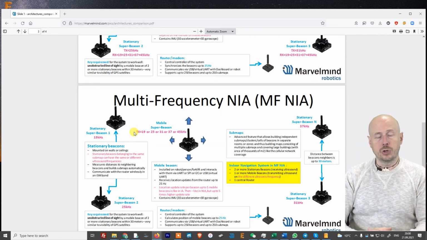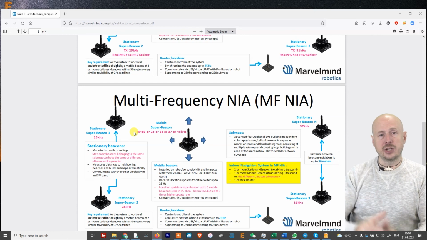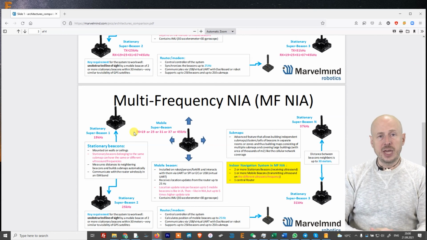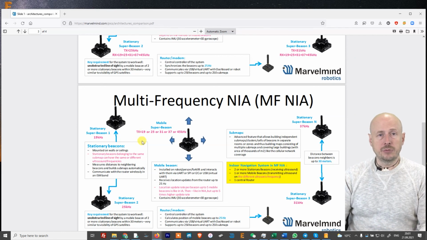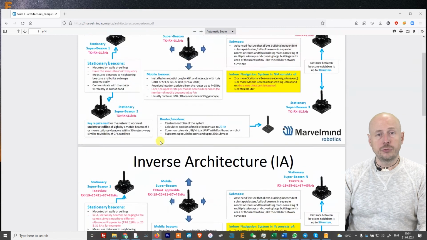For example, you have whatever 10 hertz and 10 drones. With NIA, you have only 1 hertz per drone, and with multi-frequency NIA, you will have a 5 hertz update rate. So hopefully that was useful for you.